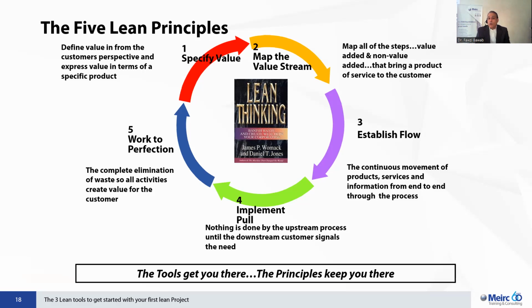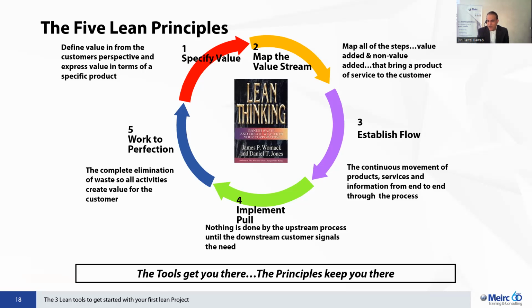But again, this is part of the discussion that we have once we have a visual stream map in place. The pursuit of perfection, number 5, is bringing everything back to the cycle that we know in quality, which basically is that we are there to continually improve our processes, and we never stop, and we go back and we try to improve. So the tools get you there.